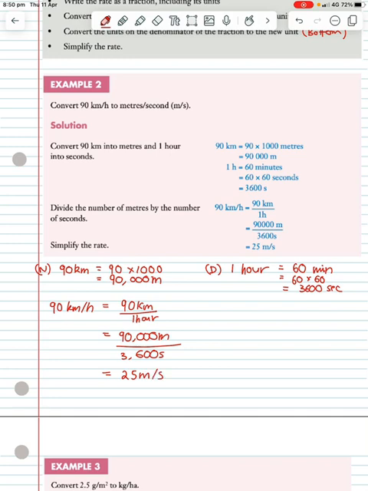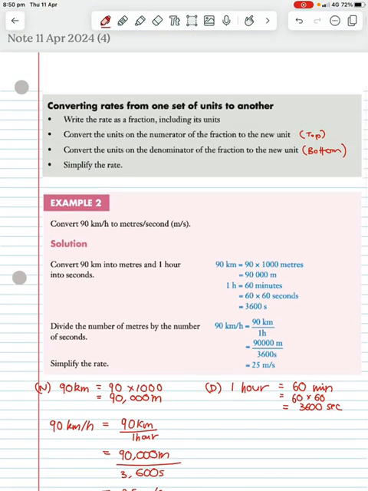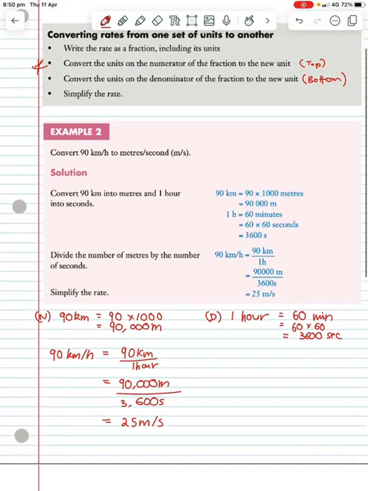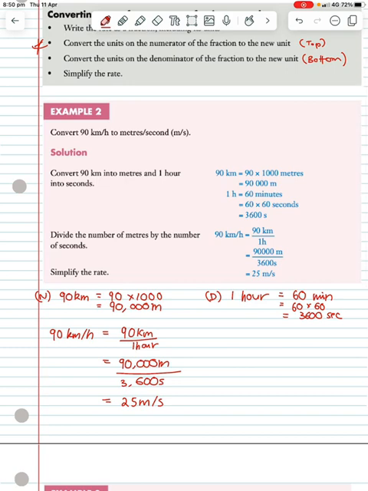So before I actually put it in the fraction like this up here says, I'm converting each number separately, and that's okay to do. If you want, you can just jump in and do it straight here. So you could do 90 kilometers per hour is going to be 90 kilometers multiplied by 1,000 meters over 1 hour, then that will convert me to minutes, and then that will convert me to seconds.